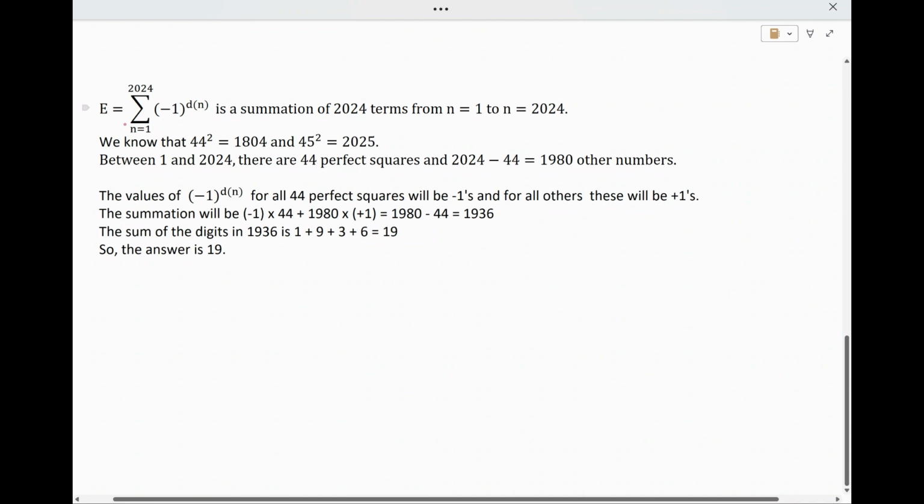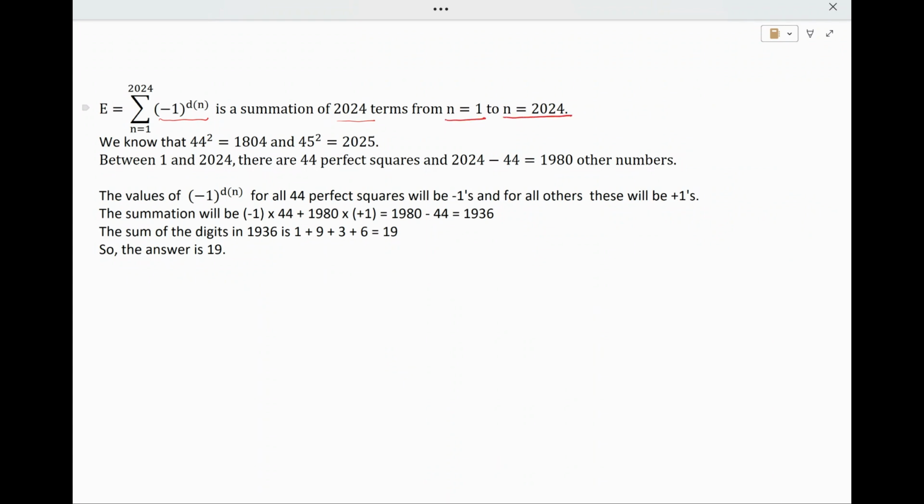E is equal to the summation of (-1) raised to the power of dn, and the summation has 2024 terms starting from n equal to 1 to n equal to 2024. We know that the square of 44 is equal to 1936 and the square of 45 is 2025.